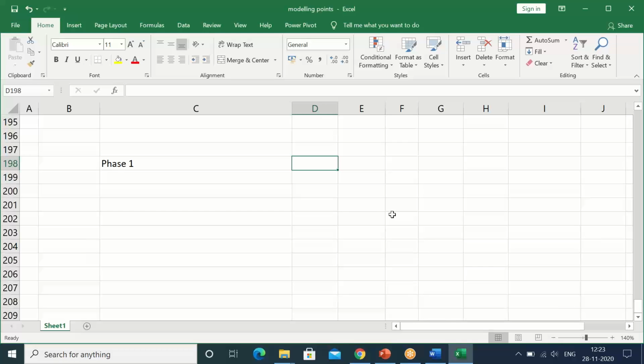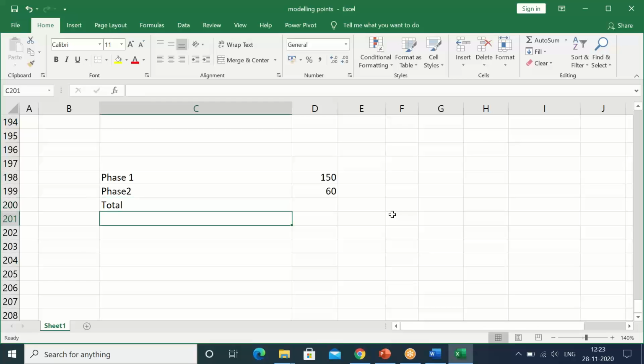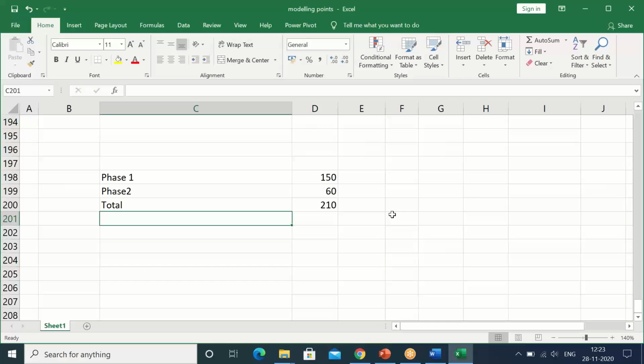Phase 1 is 150 and phase 2 is 60. So the total here is 210.